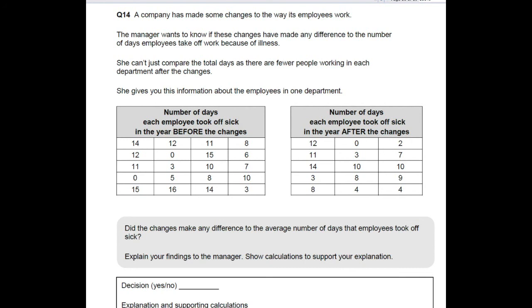She gives you this information about the employees in one department. And here we have 2 tables with the information we need. Did the changes make any difference to the average number of days that employees took off sick? Explain your findings to the manager and show calculations to support your explanation.